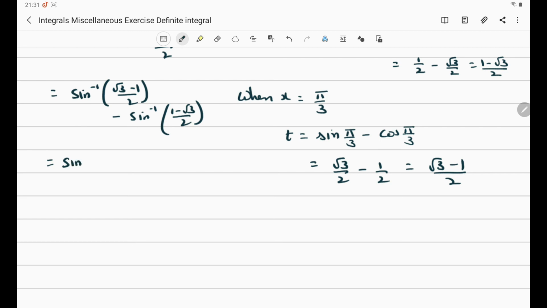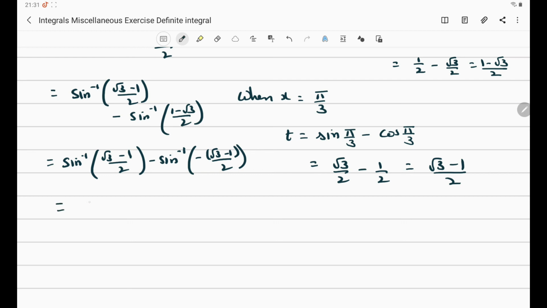So we can write it as sin inverse root 3 minus 1 by 2 minus sin inverse of minus of root 3 minus 1 by 2, and sin inverse of minus x is minus sin inverse x.